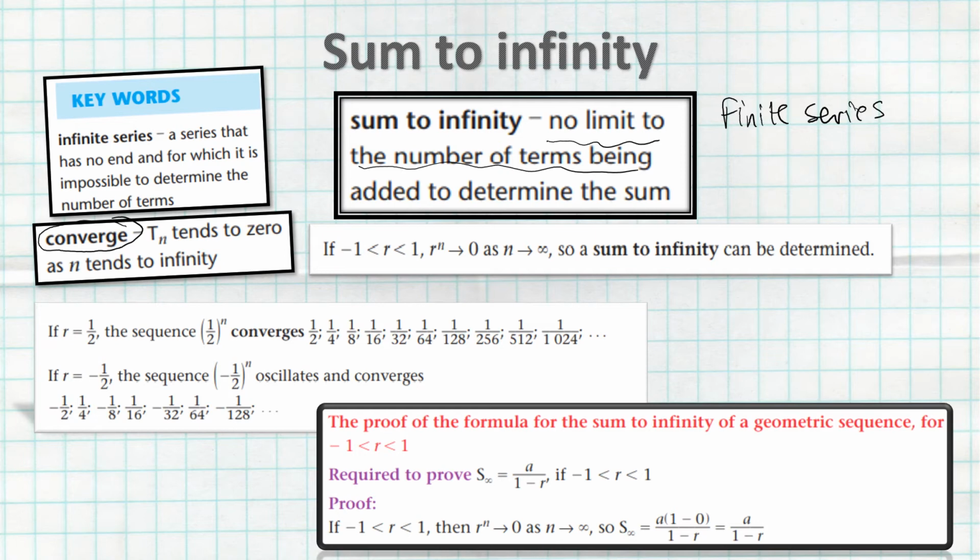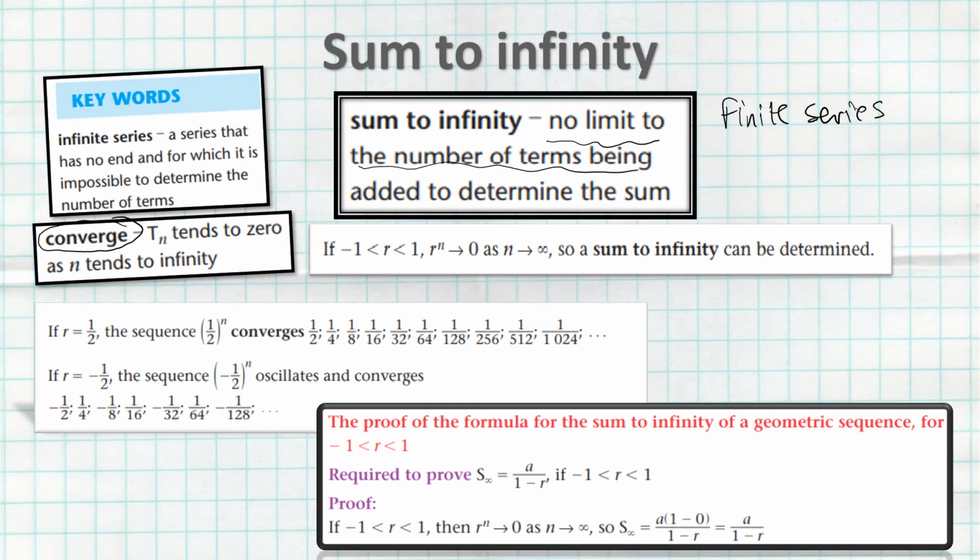For convergent, it is when your Tn is moving closer to zero as n increases and becomes bigger and bigger. As your n is increasing, 1, 2, 3, 4, 5, 6, 7, 8, 200, 500, 1000, approaching infinity, you find that your Tn in that series is getting closer and closer to zero.